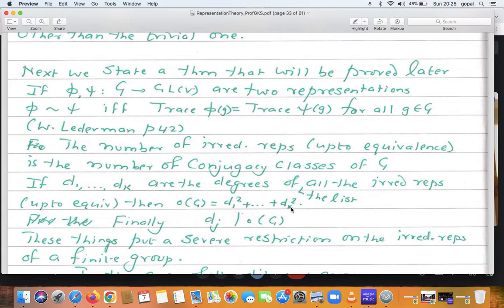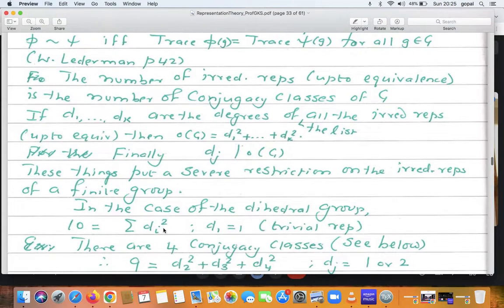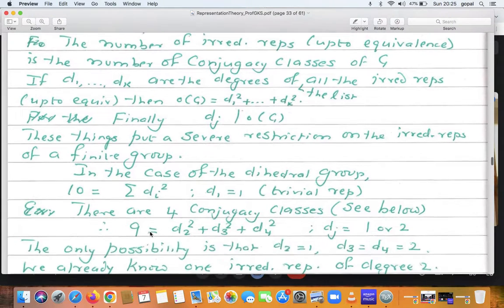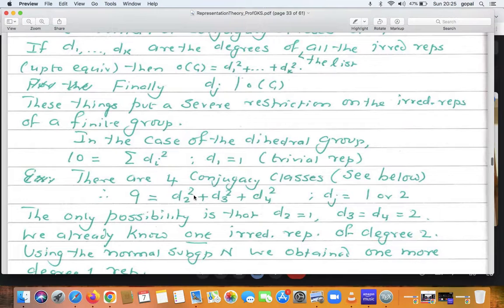How many conjugacy classes are there? There aren't too many conjugacy classes either. In the case of the dihedral group, 10 equals the sum of d_i squared, with d1 equal to 1 the trivial representation. There are 4 conjugacy classes, so there are only 3 more representations. So 9 is d2 squared plus d3 squared plus d4 squared. The d_j's have to be 1 or 2. It can't be 5.